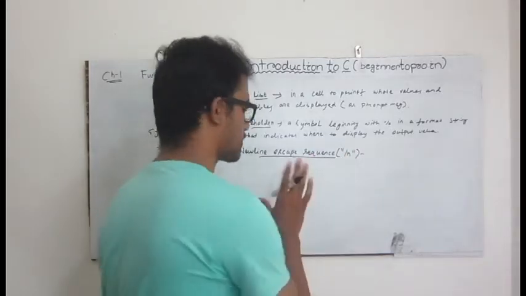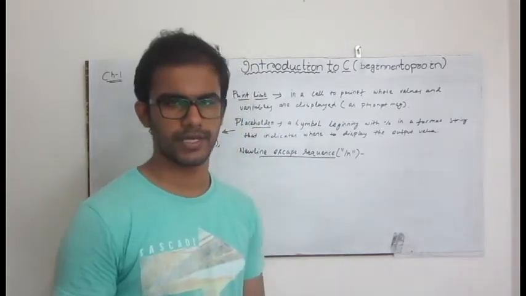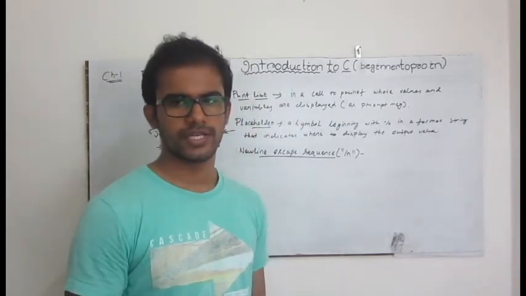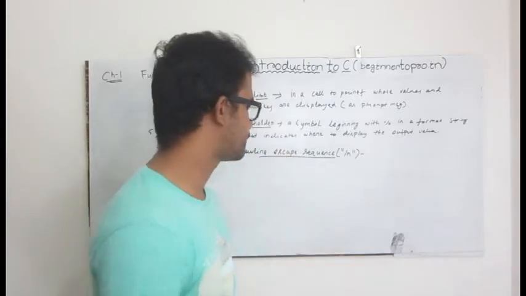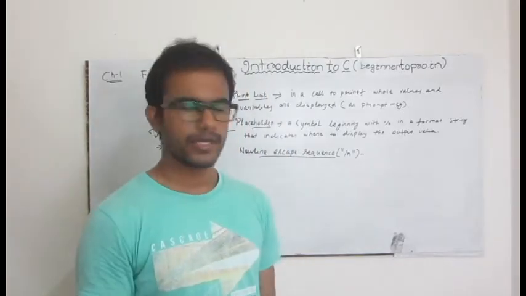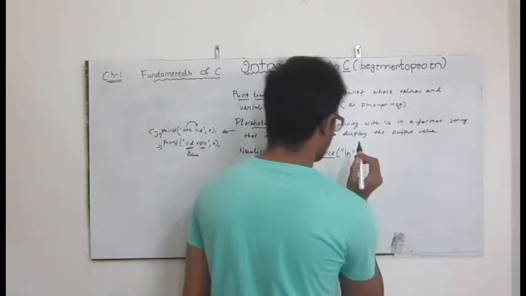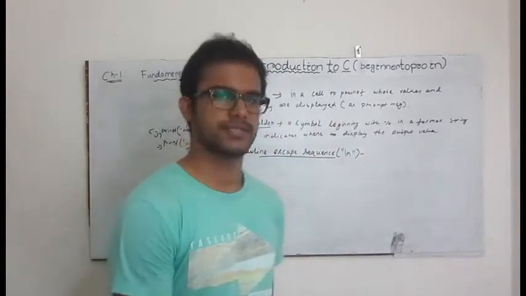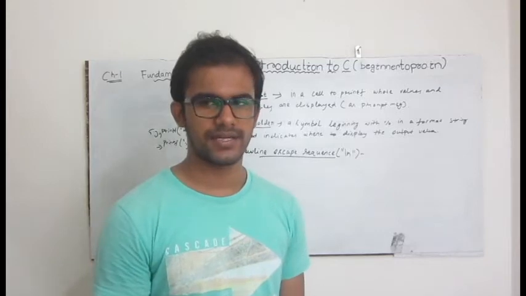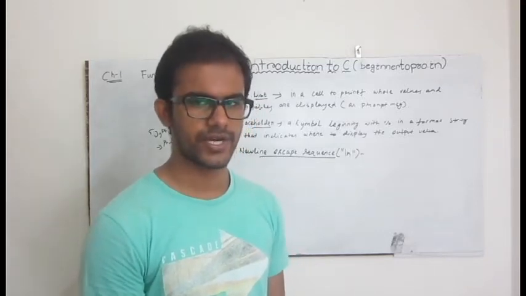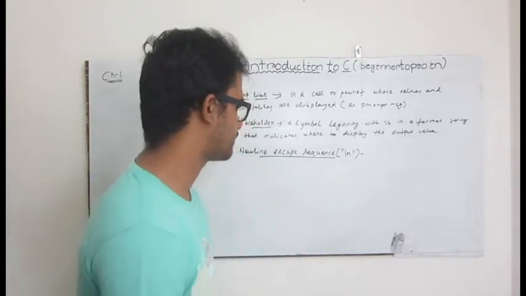The work is this much only, but we need to know it theoretically. The character sequence backslash n is used in a format string to terminate the output line.